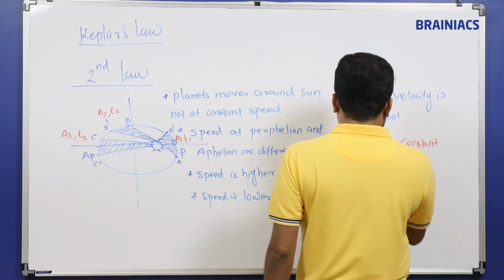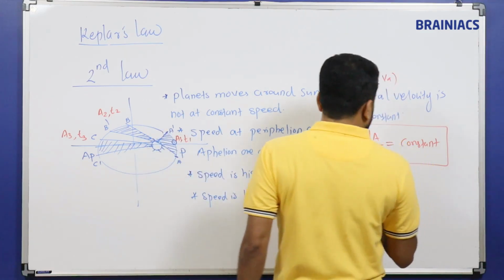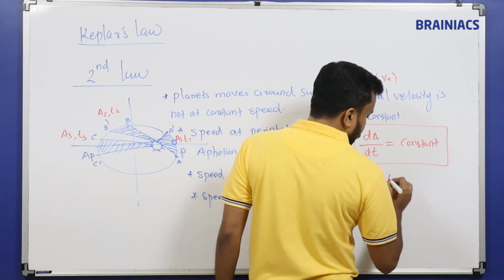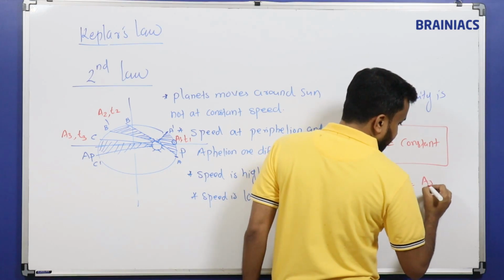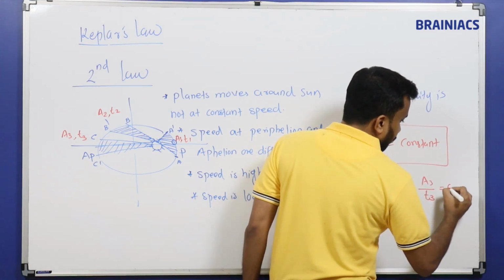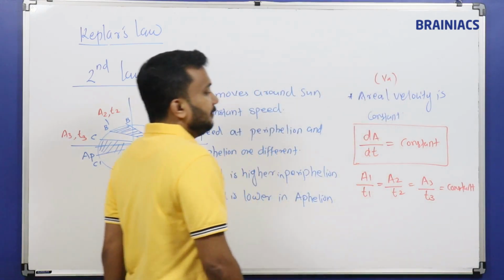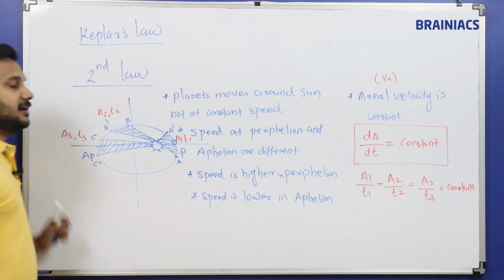This is Kepler's second law, another definition. So what is dA by dt? A1 by T1 is equal to A2 by T2 is equal to A3 by T3, which is constant.